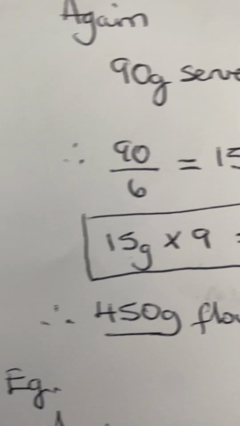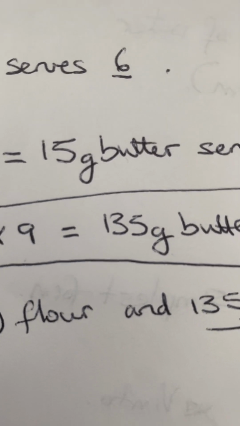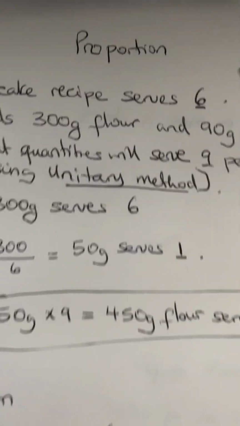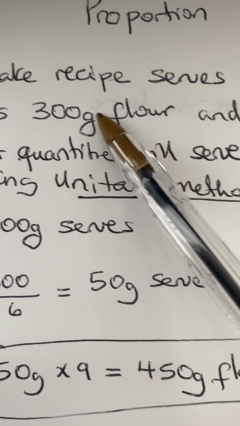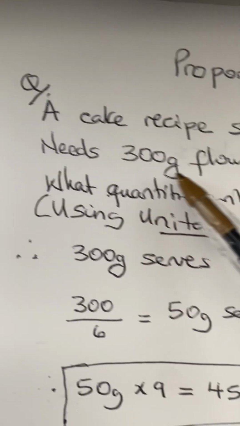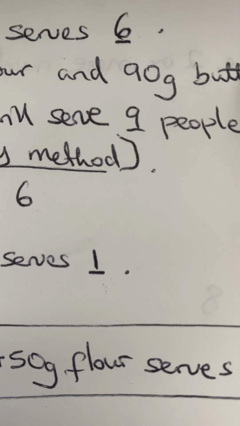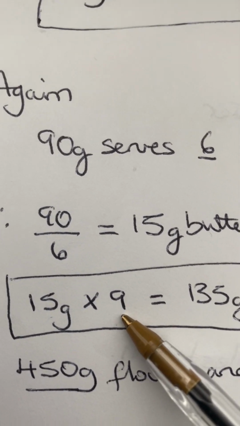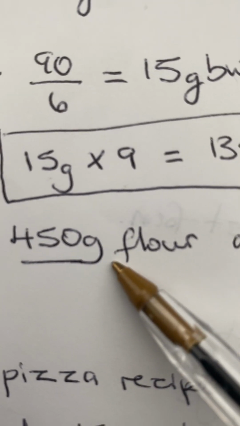So if I'm expecting 9 people to come for an event, I'm not going to use 300 grams of flour and 90 grams of butter. Now, because I've done the calculation, here it is.